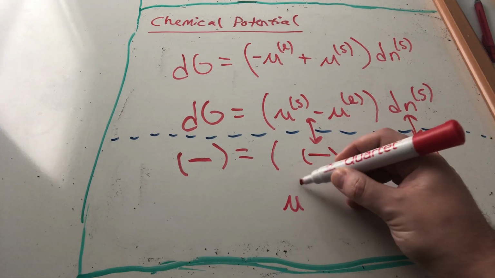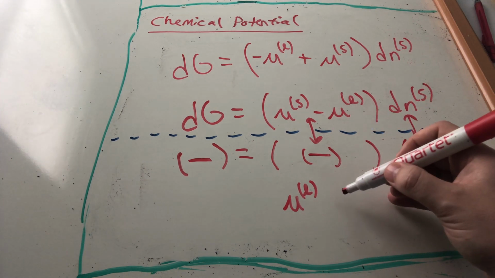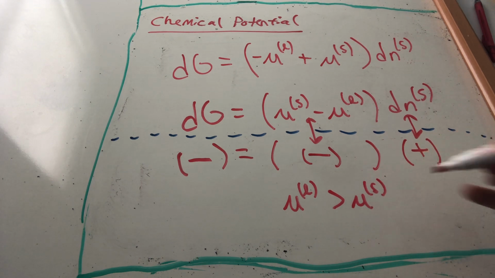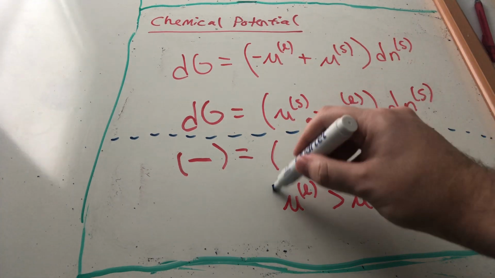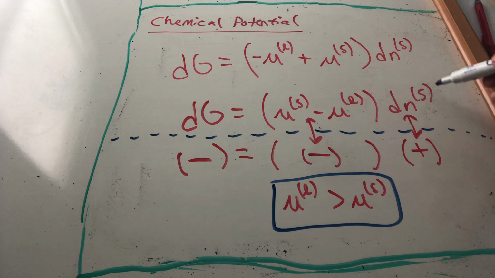The only way to get a negative value is if mu liquid is greater than mu solid. Now think about what happens here. If mu liquid is greater than mu solid, you get this negative sign. But to make the overall situation have a negative dG, dN solid has to increase.